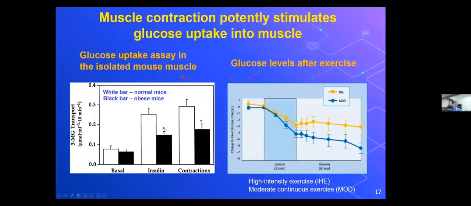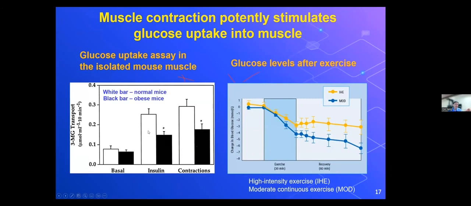This is just an example of an experiment from mouse studies. What the scientists did was take out the muscle from normal mice or from obese mice, and they contracted the muscle using an artificial system.